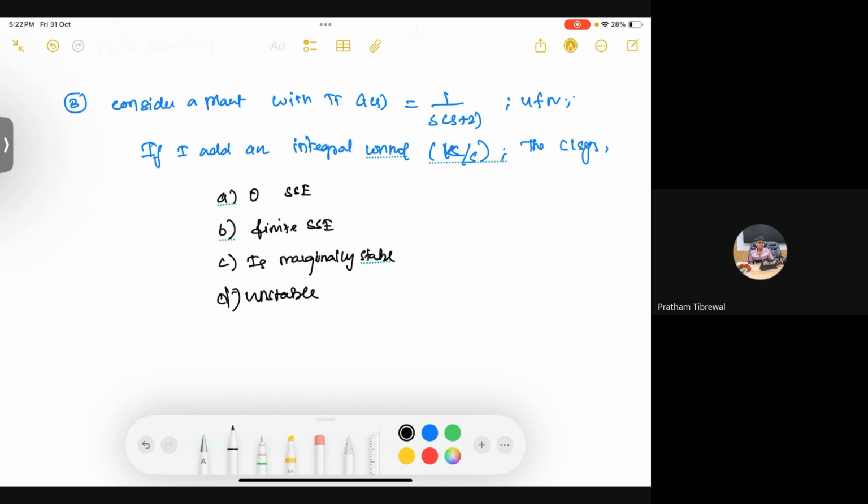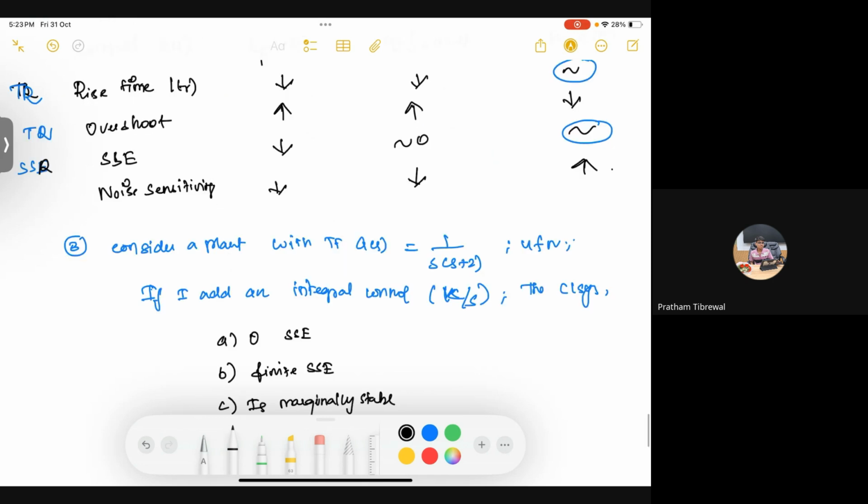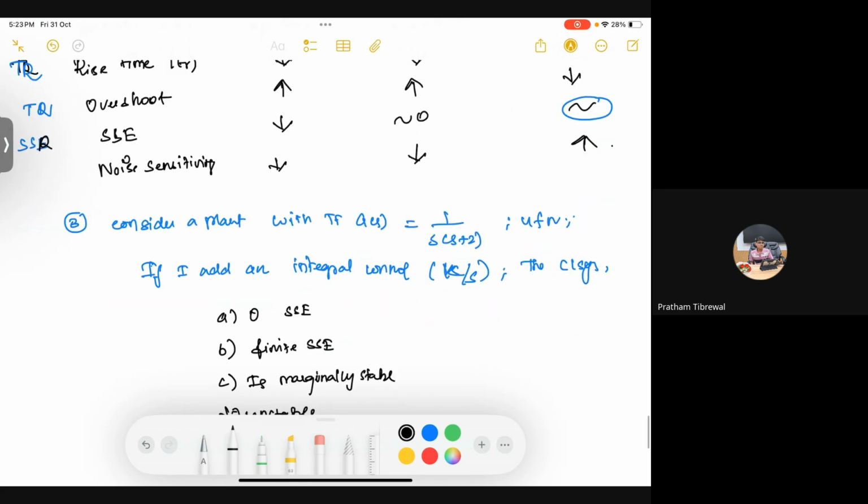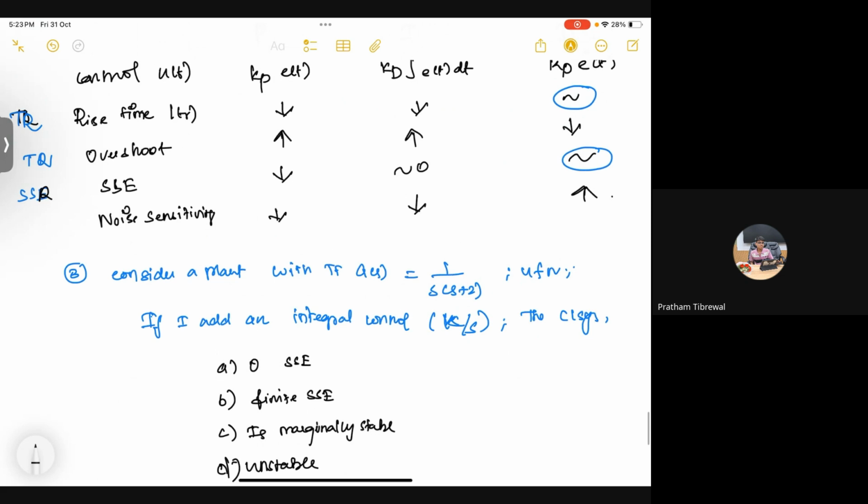Please think and let me know. We have seen what this integral controller might do.